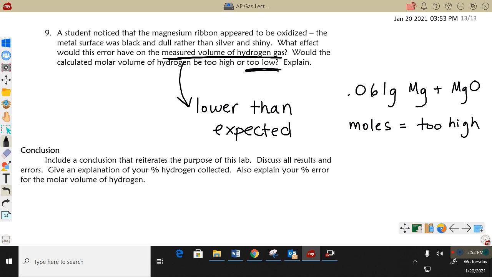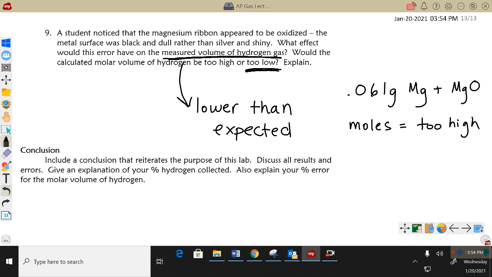But really now, part of that mass wasn't really magnesium. So part of that mass is not going to be converted into hydrogen. So then the volume that I measure would be lower than I expected. And same thing, my calculated molar volume would also be too low.